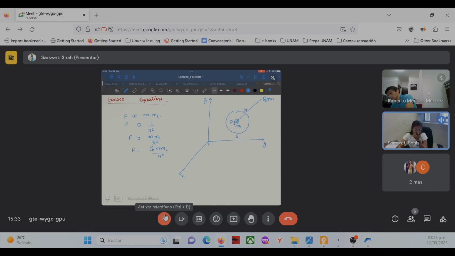And if we remove this proportionality sign, then a constant appears, and this G is known as the gravitational constant. Why am I saying that this G is a gravitational constant? Because suppose this particle is on the Earth and the other particle is on the Moon.